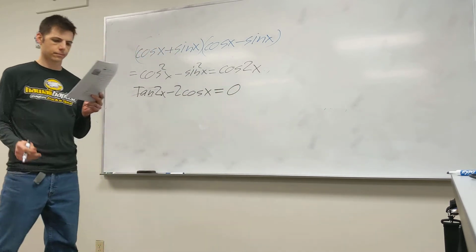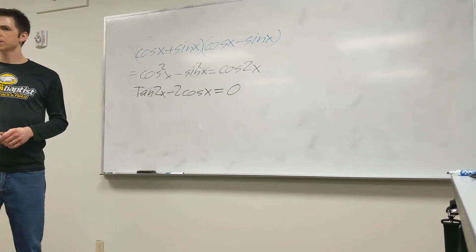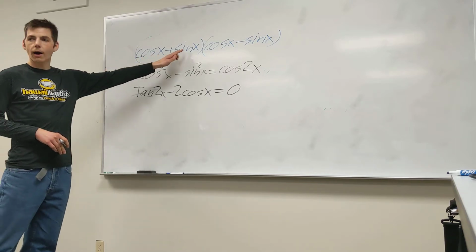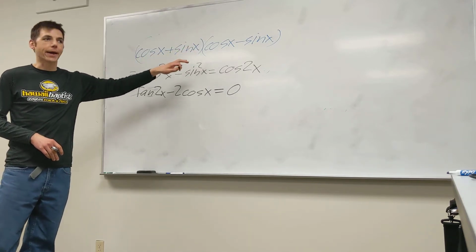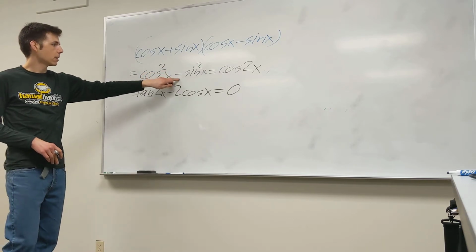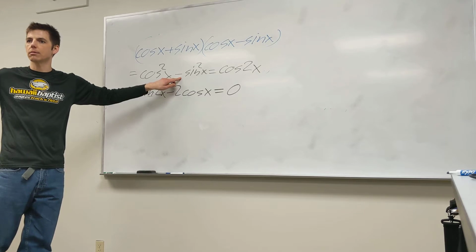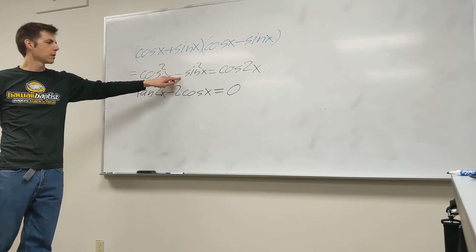All right, any questions on that? So, obviously you see something like this, you FOIL it out. Immediately it becomes part of my formula sheet, right? It becomes something on the formula sheet, okay?